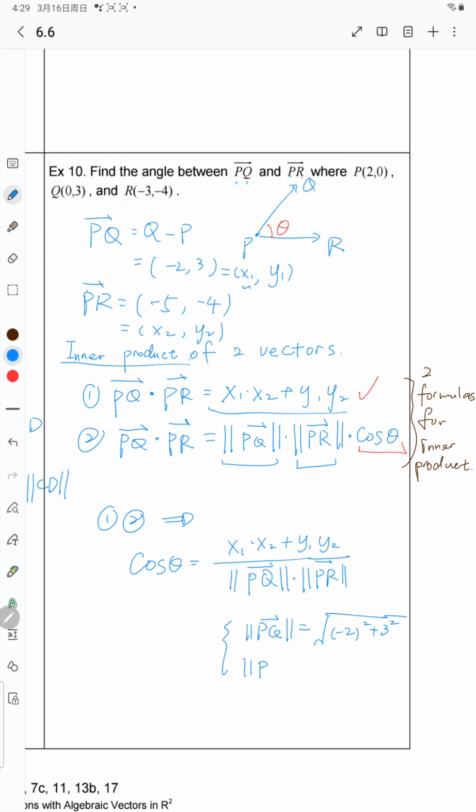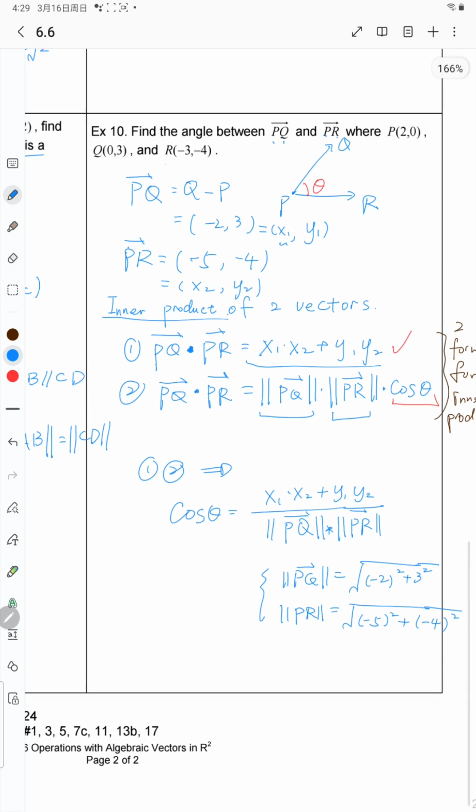And the norm of PR will be the square root of (-5) squared plus (-4) squared, right? And then we multiply it. This dot is the usual multiplication, right? But the inner product is also called the dot product, and these are both two definitions of the inner product of two vectors.